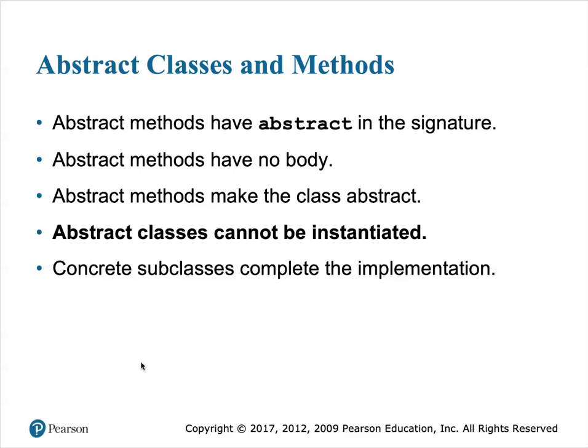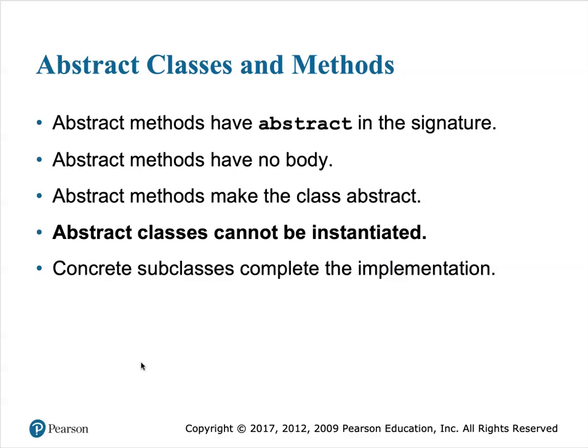It specifies that this is going to be the return type, this is going to be the access modifier, this is going to be the name, this is going to be the parameter list, but it has no body because it's just saying this is what must be, but it's up to the extending class to say how that extending class does it.